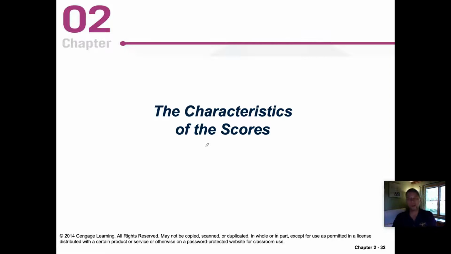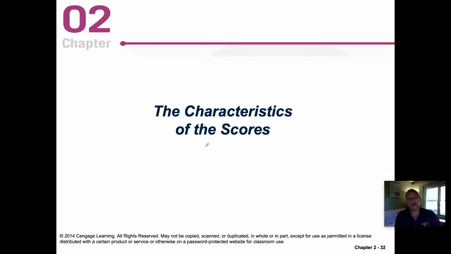Okay. So for the next thing that we want to talk about here, we're going to talk about characteristics of scores. All right. And when we do this, I want you to be aware that there are different ways of looking at numbers. Most of us just think, oh, numbers are numbers, and there it is.